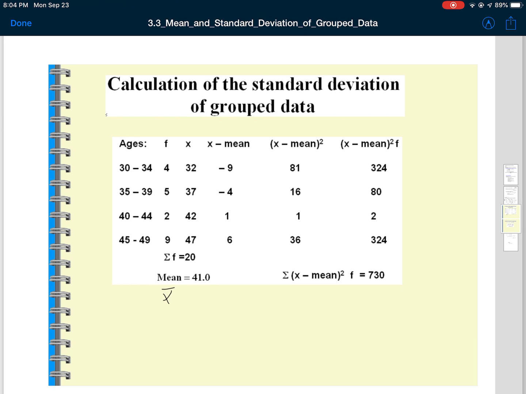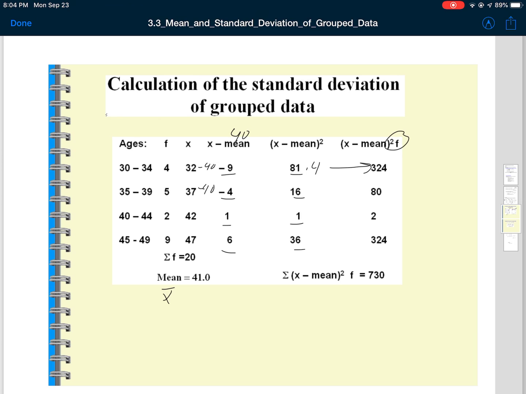I'm going to take each of my midpoints, and I'm going to take that mean away. So some numbers are negative, like here I got a -9, -4, 1, and 6. I'll square it and get 81, 16, 1, and 36. The only difference is now I'm going to have to multiply all those by their frequency. Since my frequency for this first class is 4, I'll take 81 times 4.